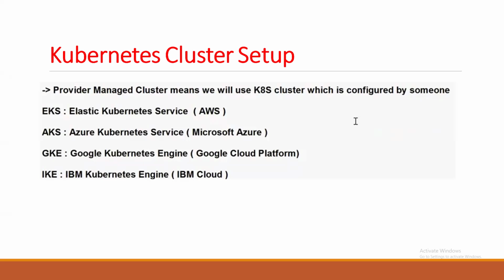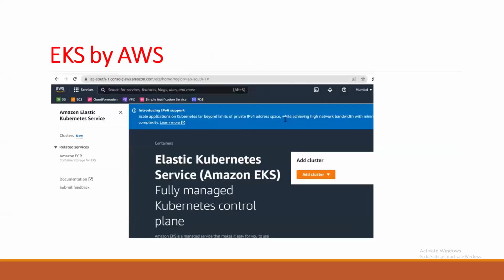So EKS by AWS, Elastic Kubernetes Service, is a provider managed Kubernetes service. It is not a self-managed Kubernetes service.